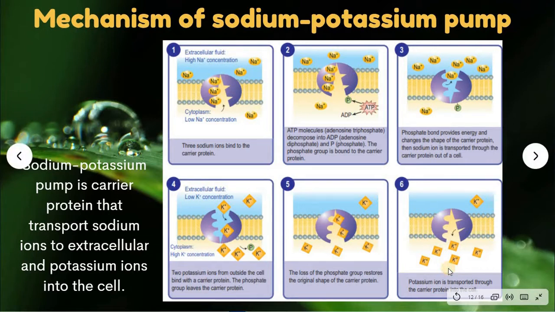That is the sodium-potassium pump: sodium ions are transported out of the cell, to extracellular, whereas potassium ions are transported into the cell.